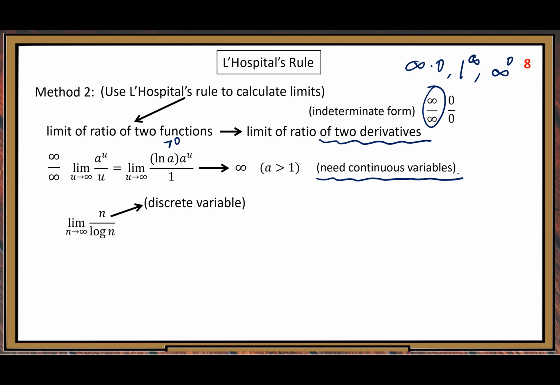But there is an option: we can do this problem on continuous variables, then we go back. The way we do it, I show you here. After I show you, you use the same way going back.